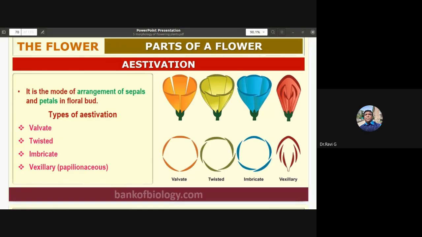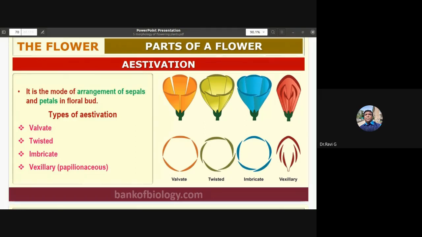In case of twisted estivation, what you can notice is one part of the petal is overlapping and another part of the petal is overlapped by another petal. This sort of condition you can see in all the petals: one part is overlapping, the other part is overlapped. We call this type of estivation twisted or contorted estivation.